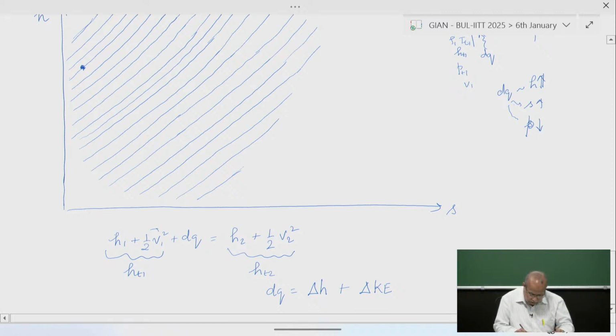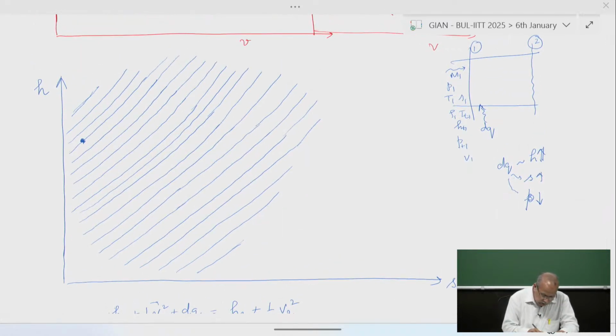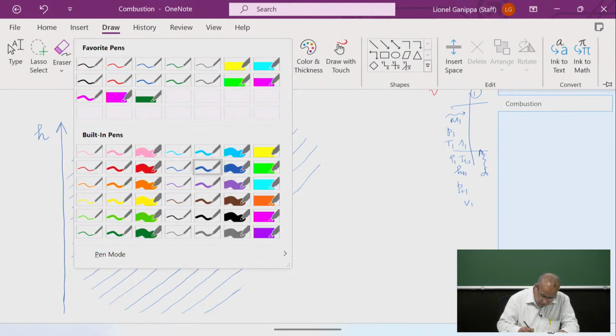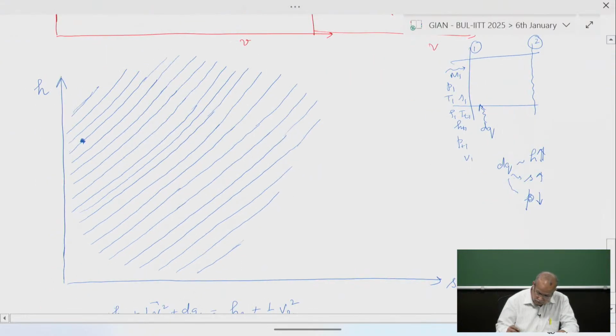So literally what we are saying here is that we are talking about a flow. When I increase the heat, it will cause the enthalpy to increase, and the kinetic energy of the flow also will increase. Addition of heat will cause both the effects here. Now let's start at this point here, 1. What should be the next point due to the addition of heat?